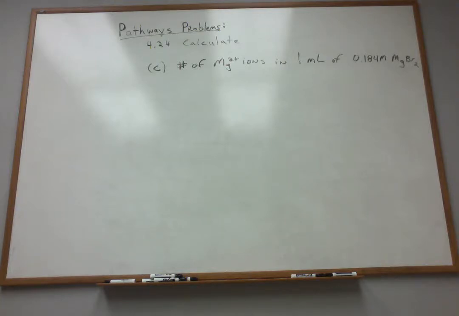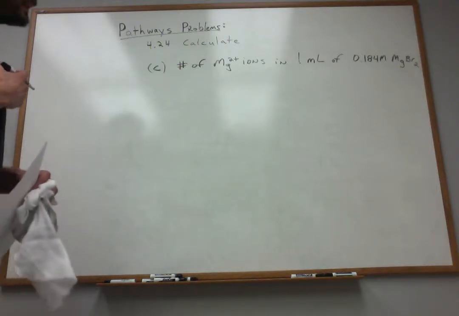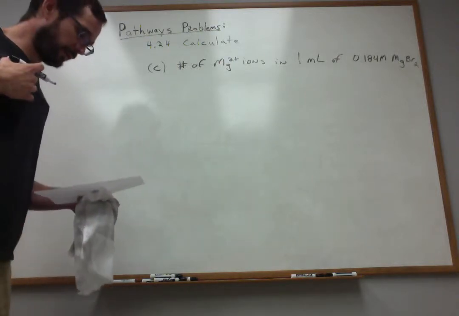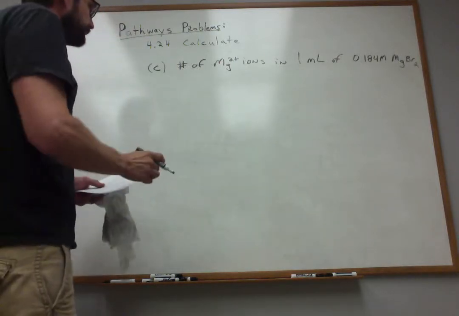The concentration of the solid is 0.184 moles per liter, and I want to know how many, if I were to count the magnesium ions that are present in 1 milliliter of this solution. This is a pretty fun problem, I think, because it ties a lot of ideas about molarity, moles, Avogadro's number all together. Now, obviously, we're not going to be able to count how many are there, but we want to estimate based on mathematics how many should be there.